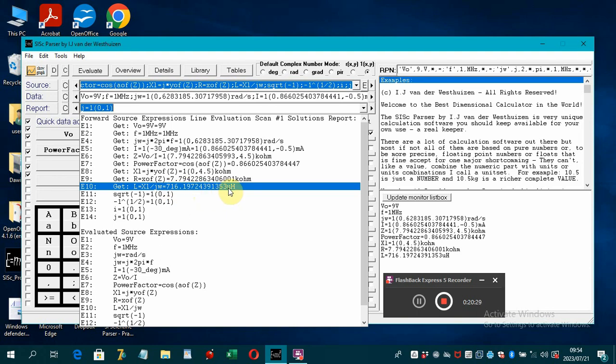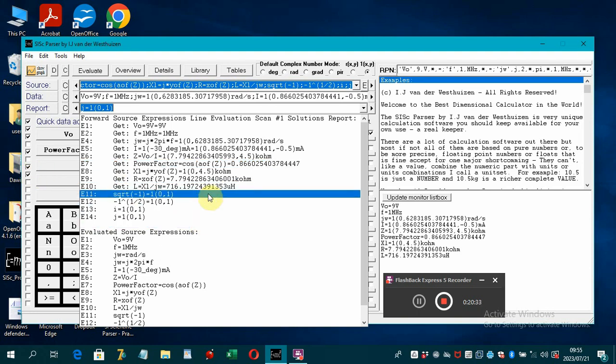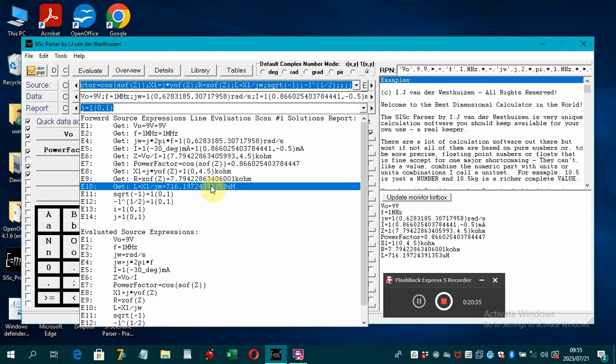You can switch this off. There are settings here that you can control if you want base units or high units, and you can also disable this automatic unit prefixing. So the parser automatically calculated that micro Henry unit and scaled the correct value in front of it.